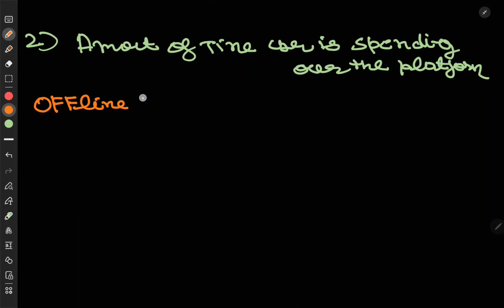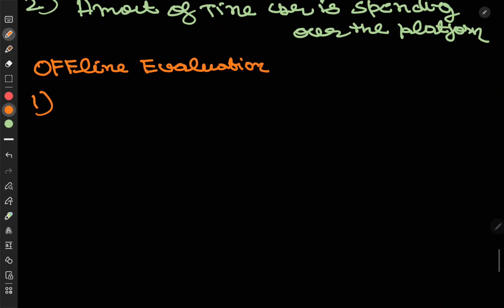Now coming to the second part, that is offline evaluation. So for offline evaluation, we can do two things. First thing is recall at the rate k. Now what does this mean?